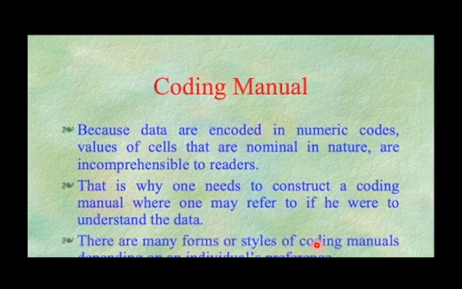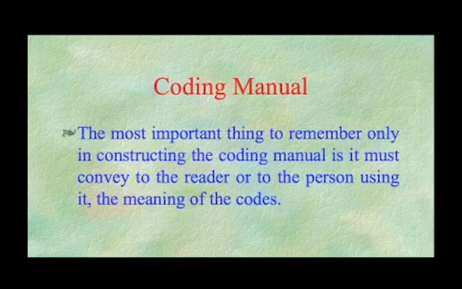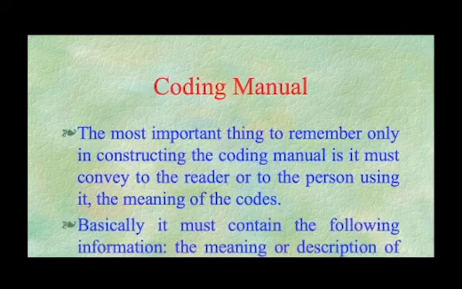There are many forms of coding manuals depending on the individual's preference. The most important thing in constructing the coding manual is that it must convey to the person using it the meaning of the codes. Basically, it must contain the meaning or description of the variable names and the coded cells.